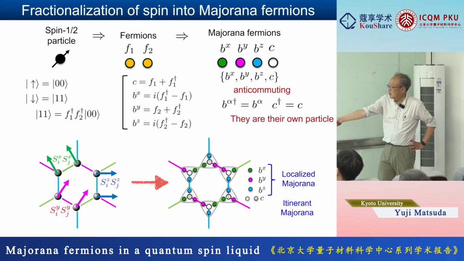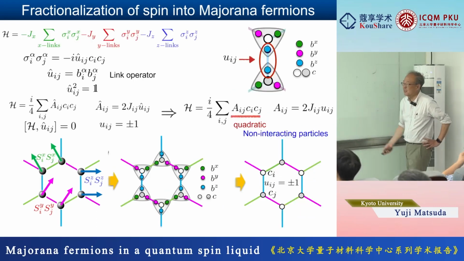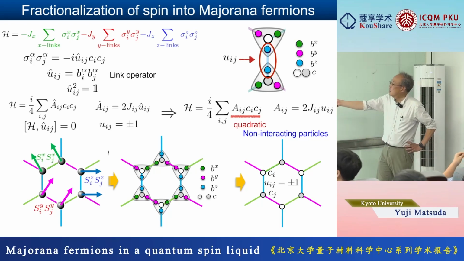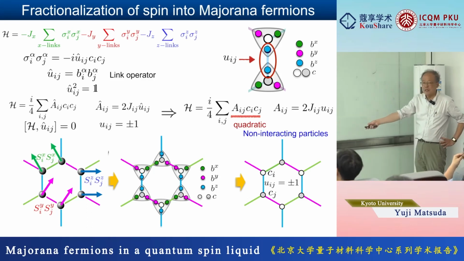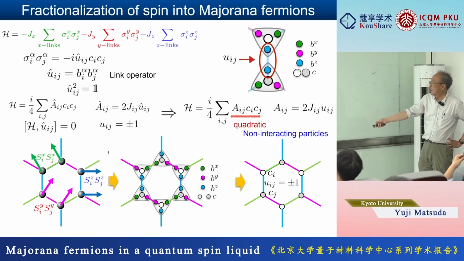So this interacting spin can be written by this. I skip the details of the mathematics, but by introducing these Majorana fermions, this very strongly interacting spin can be written by non-interacting itinerant Majorana fermions.